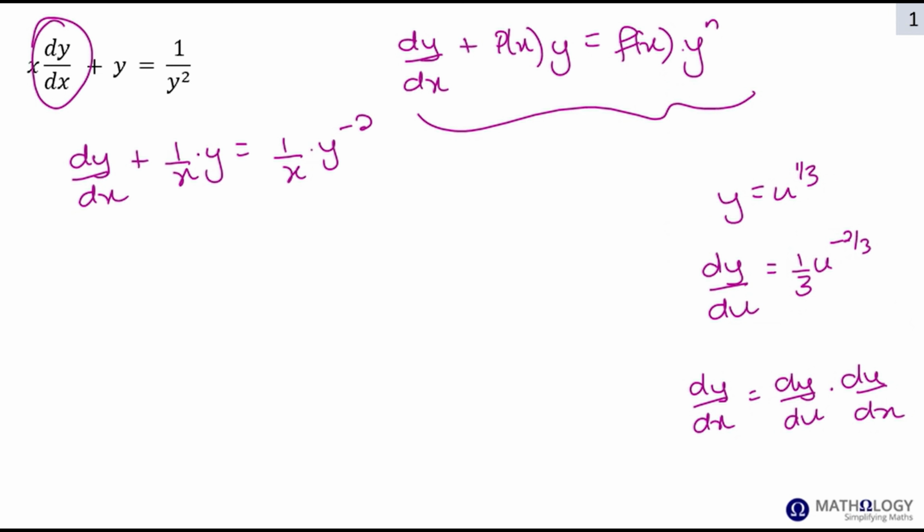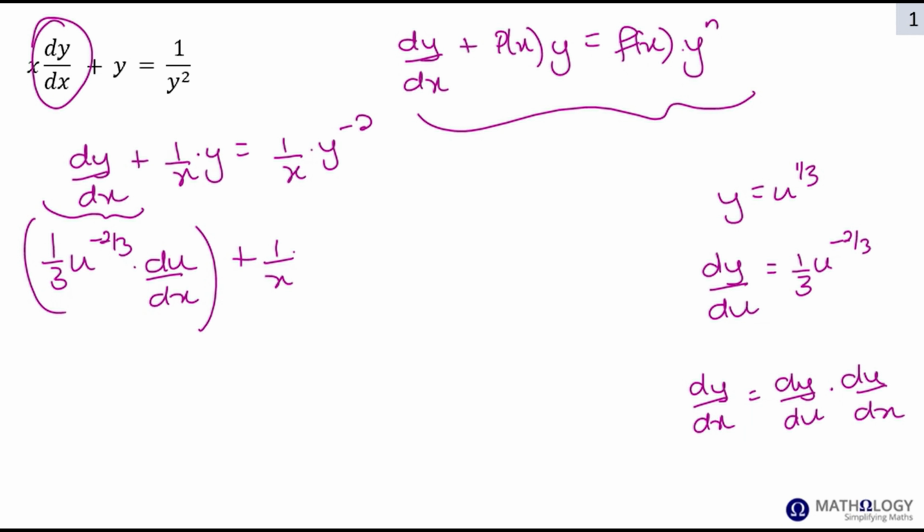Okay, so let's substitute all of that into the differential equation. So we have dy/dx, which is dy/du times du/dx. dy/du is a third u to the minus 2/3, so a third u to the minus 2/3 times du/dx. So this expression here is the expression for dy/dx, plus 1 over x times y, y is u to the third, equals 1 over x times y to the minus 2.